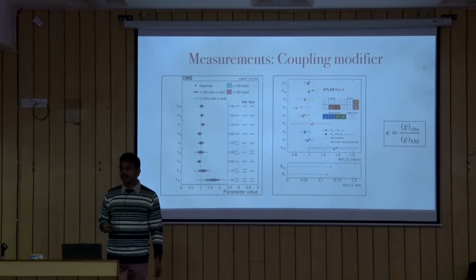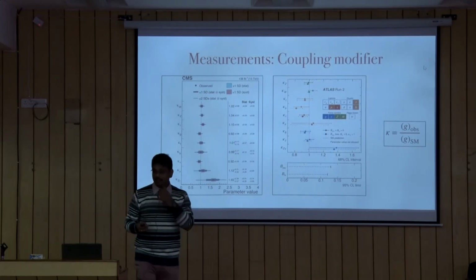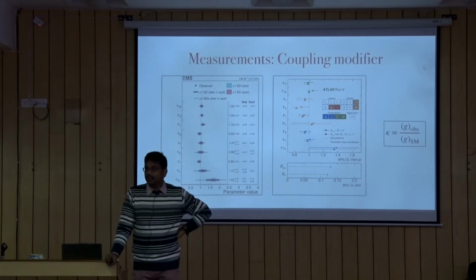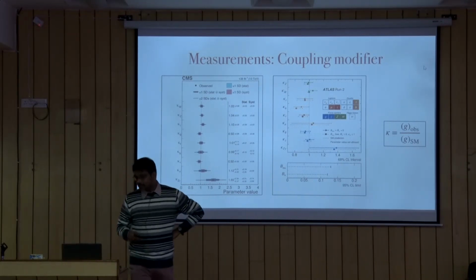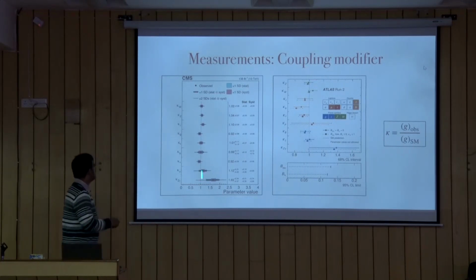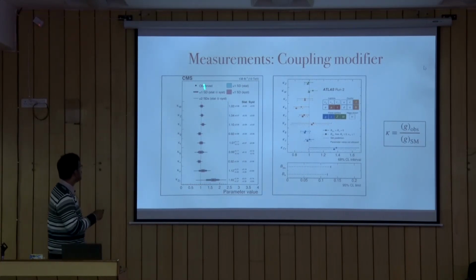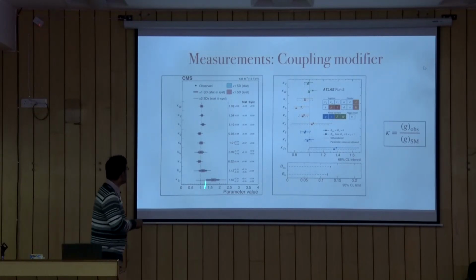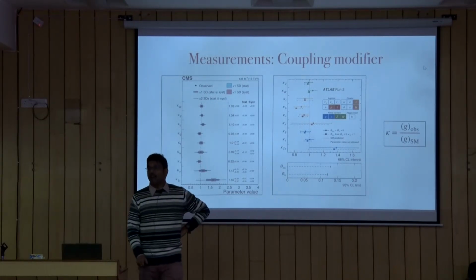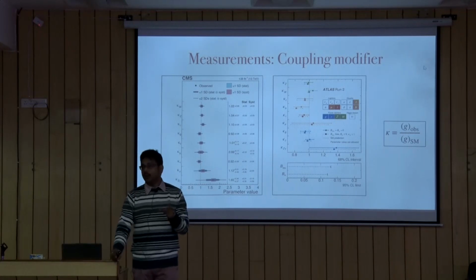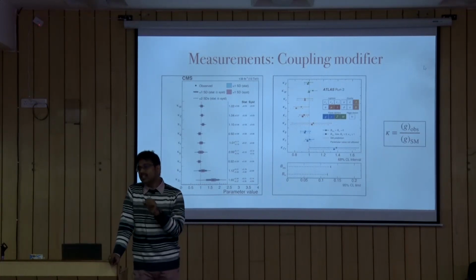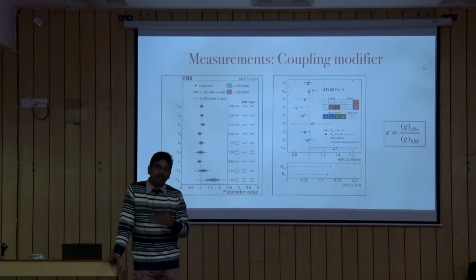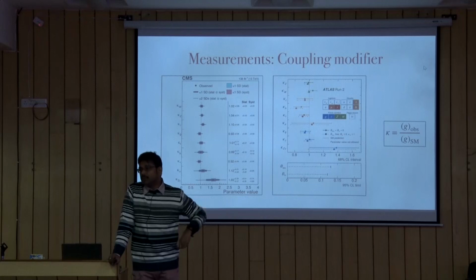So are not all the couplings experimentally measured in the standard model? Well, this is what the picture actually shows. This kappa framework shows that we have measured the Yukawa couplings to a great order of precision, but we are not yet there to fully confirm that it is coming from the Higgs isodoublet, the one that we postulated.